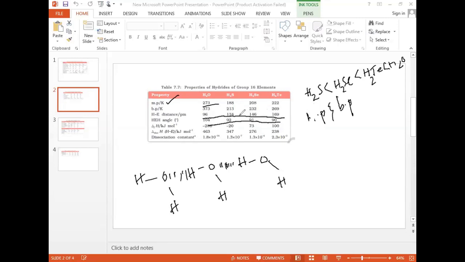And when we look at the bond dissociation enthalpy, it decreases down the group. Why does bond enthalpy decrease down the group? Because the bond distance is higher, we can easily break the bond, right? See here, the dissociation constant is also increasing down the group.